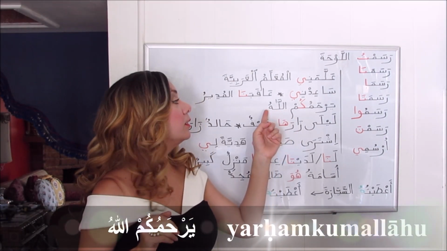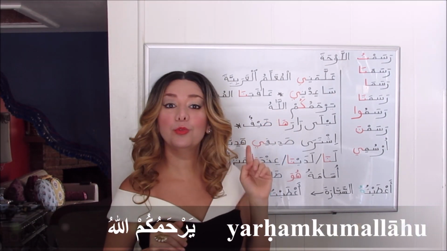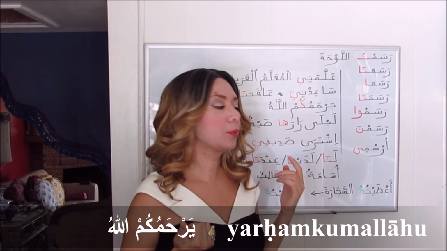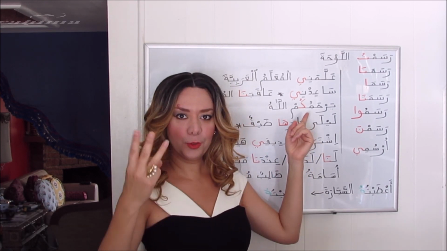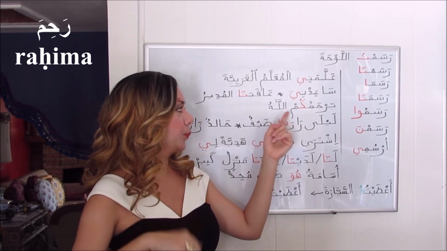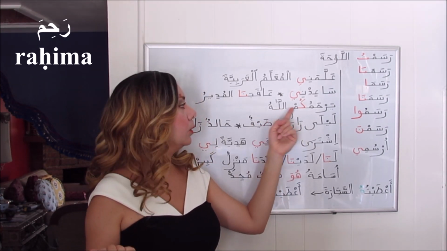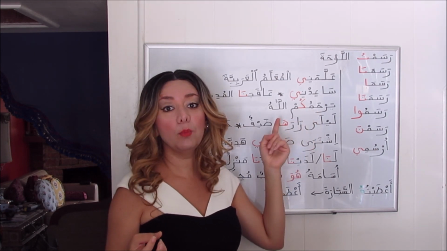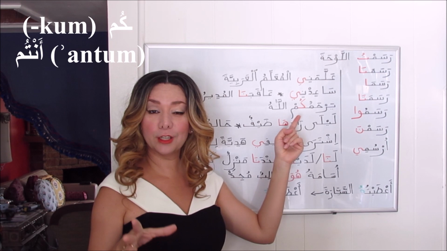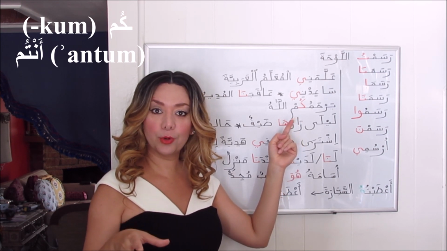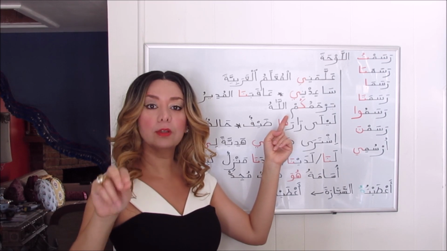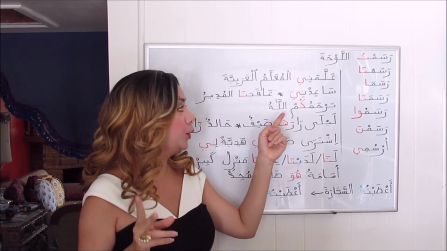يرحمكم الله, from the verb rahima, in the imperfect third person singular, referring to God, huwa Allahu, Almighty Allahu. So yarhamukum, kum is the enclitic form of the subject pronoun antum, second person plural masculine, antum, you.